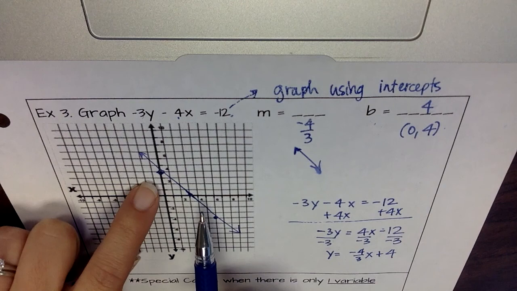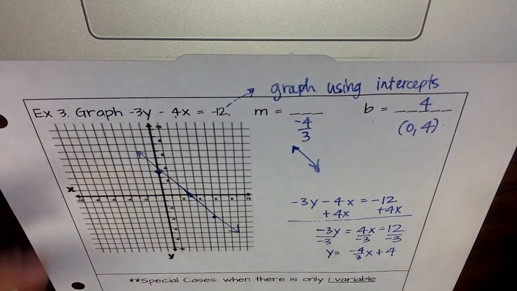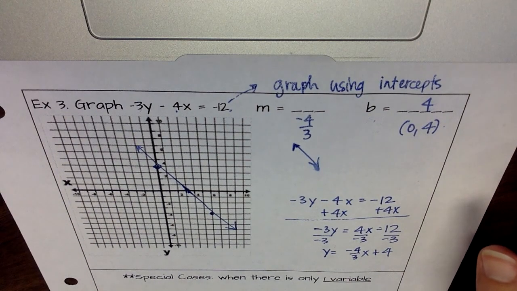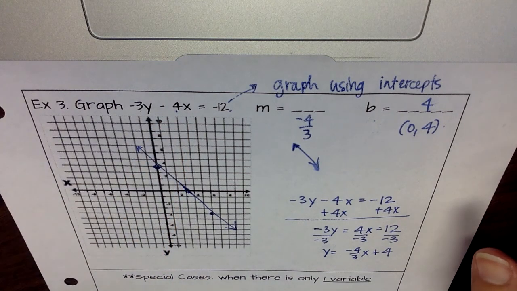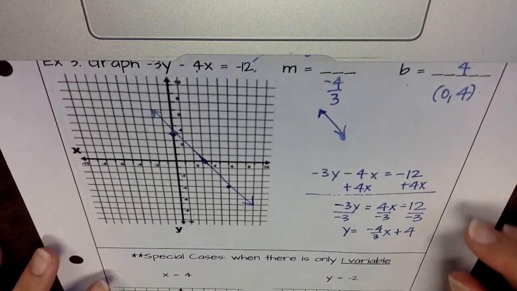But we actually already found our intercepts because here's the y-intercept, and here's actually the x-intercept. I am just showing you, you can graph multiple ways, and eventually, hopefully, you'll see, oh, this equation would be easier to graph using intercepts, but other equations would be easier graphing in slope-intercept form. So just showing you that you can do both ways.